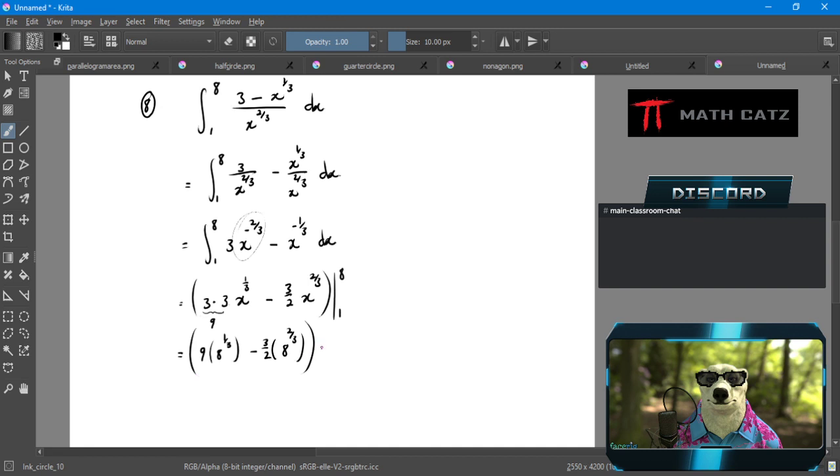All of that minus what I get when I plug in a 1, which is 9 times 1 to the 1/3. Now I know that simplifies. I'm just emphasizing that we have to plug it in this way. 3 over 2, 1 to the 2 over 3, like so.